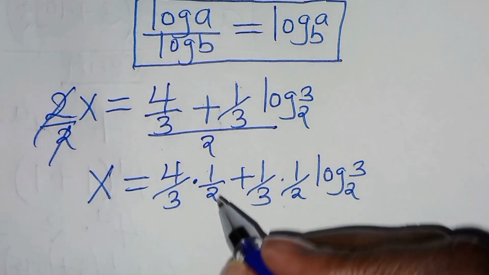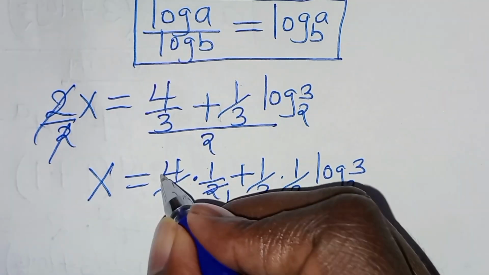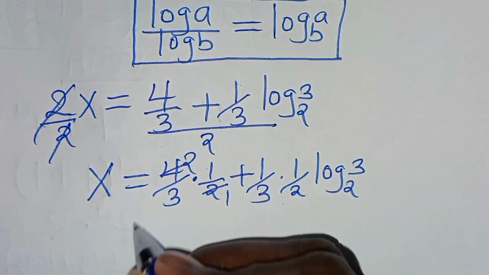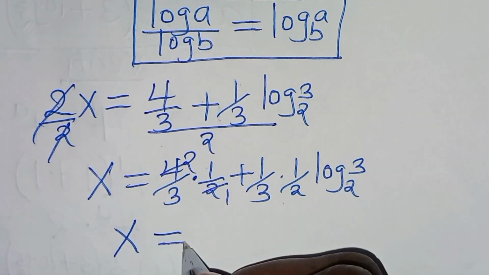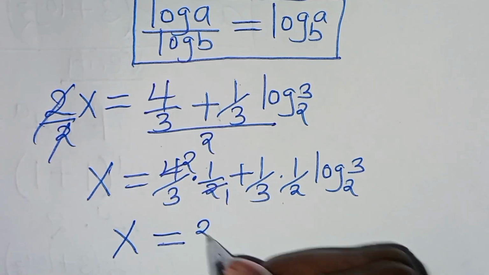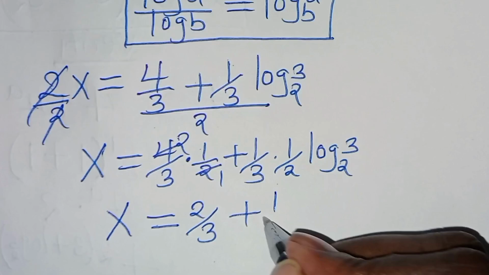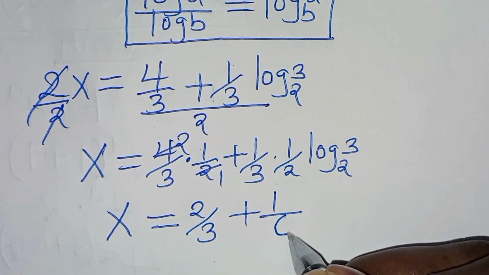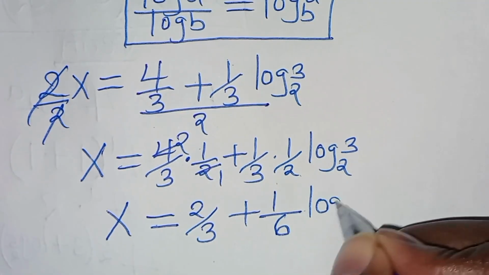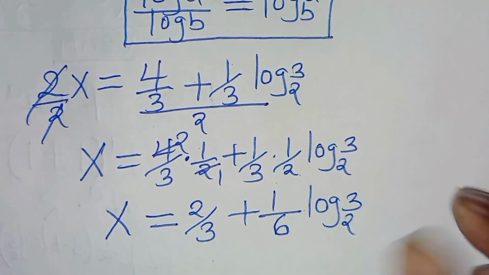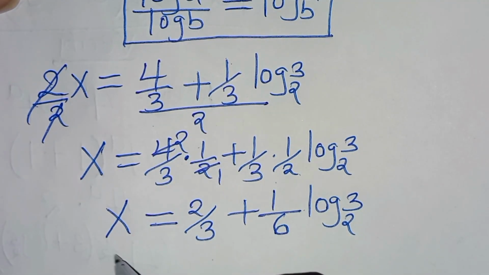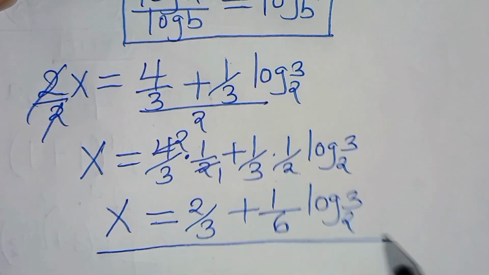So let's simplify here by 2, 4 divided by 2, this is 2. So therefore, x is equal to 2 over 3 plus, this is 1 over 3 times 2, which is equal to 6, log 3 to base 2. Now, this is the value of x.